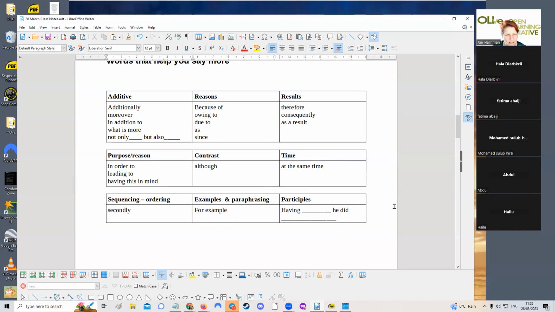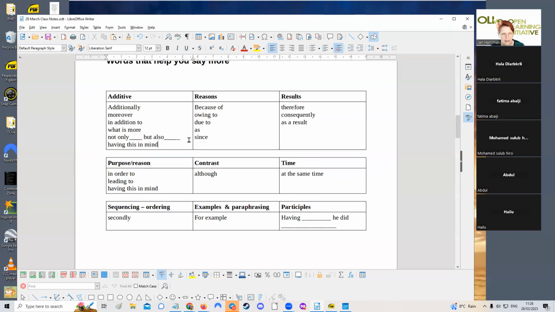That's actually potentially an additive one. So you could say having this in mind. So we've said the cost of a boat is really very high, and having this in mind, we can consider the length of time it would take to save the money to buy one.